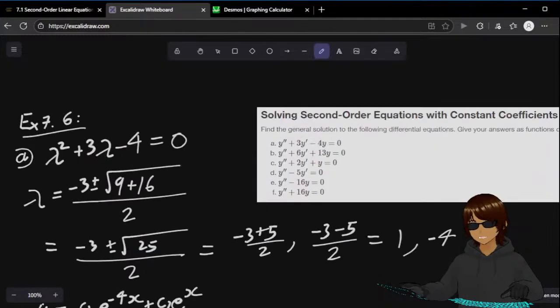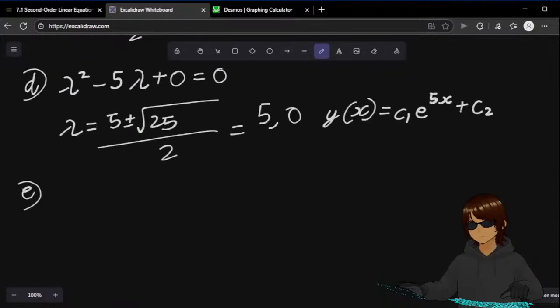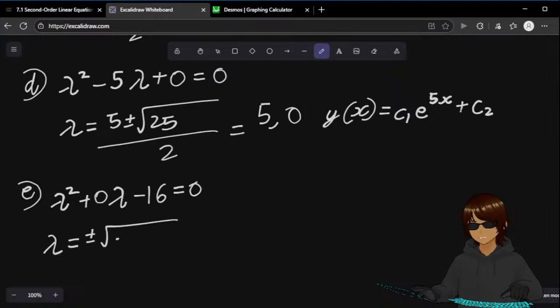Question E. 1, 0, minus 16. Lambda is minus b plus minus the square root of b square minus 4 times ac over 2a.